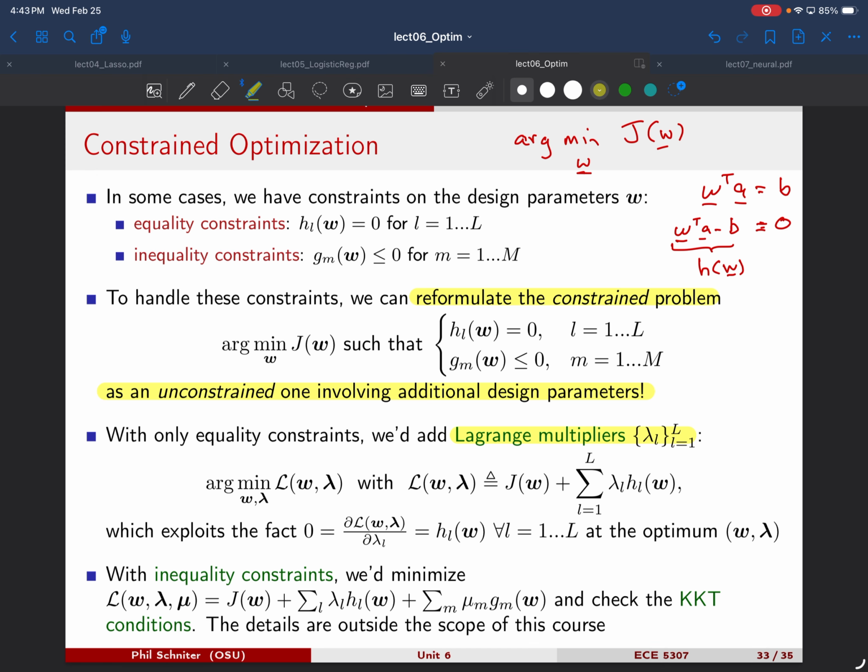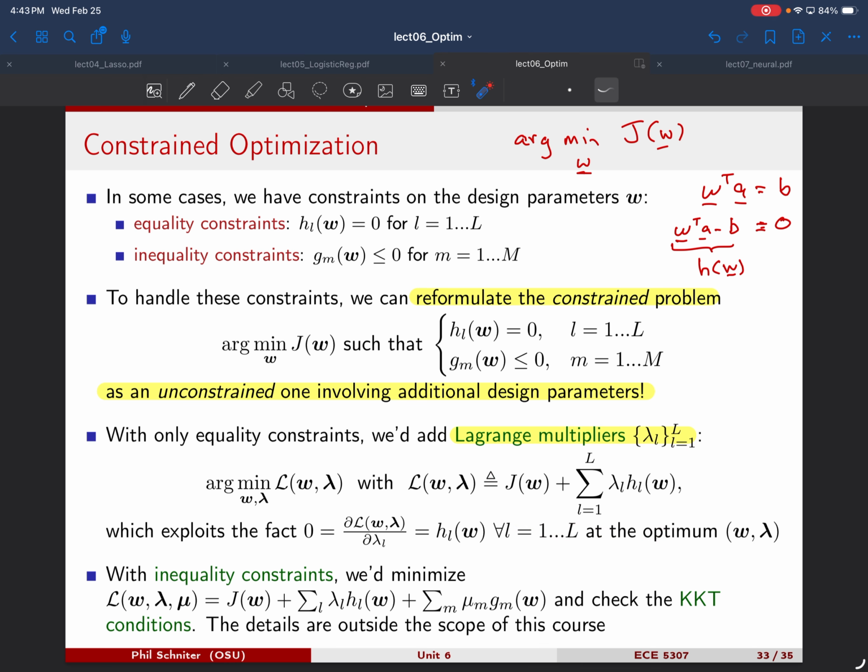The reason this works is that, remember, whenever we have a problem where we have differentiability with respect to a parameter, we know that we can set the gradient or the partial derivative with respect to that parameter to 0 at the optimum, right? So let's consider what happens with our lambdas. Let's say we force the derivative with respect to lambda_l to 0. Well, what is the derivative with respect to lambda_l?